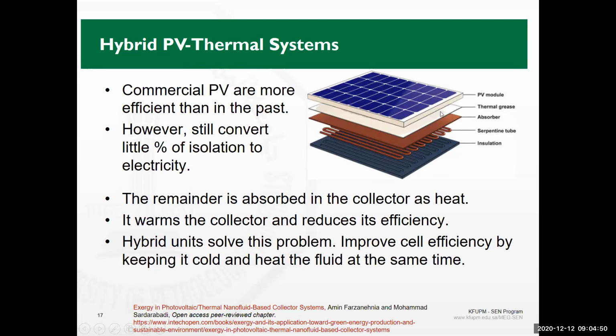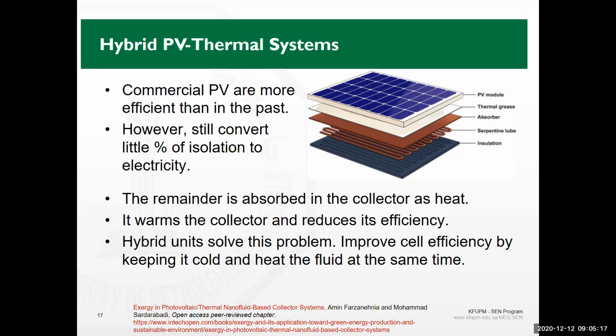Through the thermal grease, it is in direct contact with this unit. There are no air pockets, so it is receiving the heat that has been absorbed by the PV panel, and then it uses that heat to heat water inside these tubes, so that the panel itself gets cooled because of the cooling effect here, and the water gets heated, and you can make use of that.